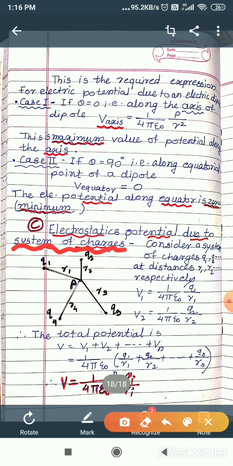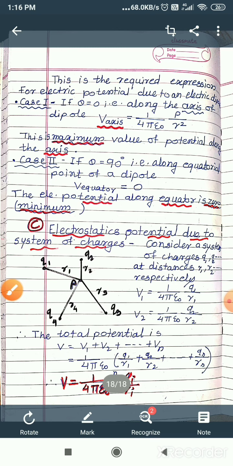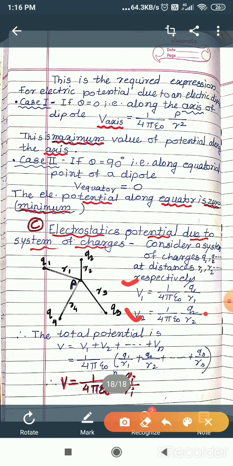If these charges q1, q2, q3, q4 are placed at distances r1, r2, r3, r4 respectively from any point, and at point P I require the electric potential, then what will we do? We will write the electric potential of each charge as V1, V2, V3, V4, and so on, and we add the answers.